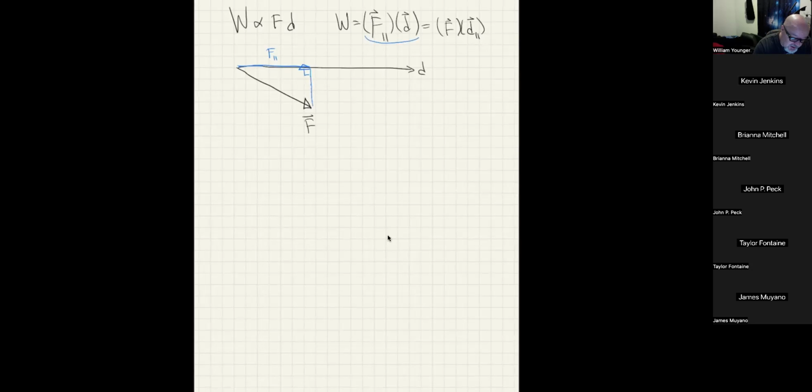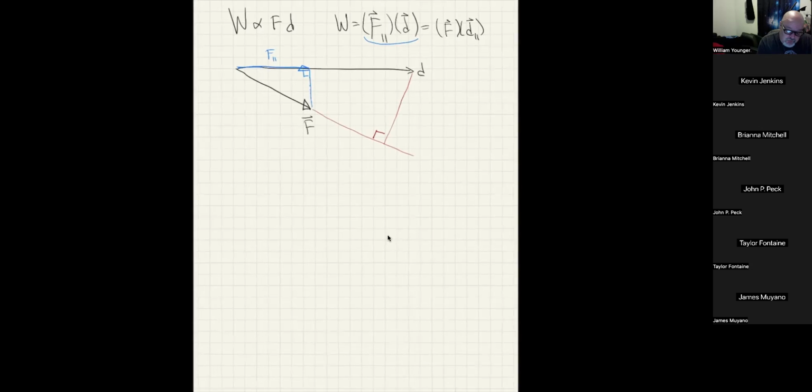Alternatively, I could imagine this F vector continuing on until I could then drop a perpendicular to the F. And in this case, let's use a different color. I'm going to use green. So in this case, I'll say this is the component of D parallel to the F. Okay, so that's what I mean in there.